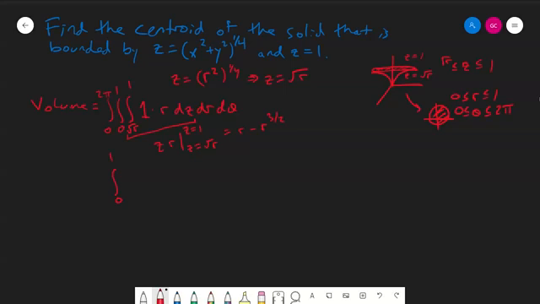Then the integral from 0 to 1 of all of that, dr, gets you 1/2 of r squared, and then 2/5 of r to the 5/2 from 0 to 1. So that ends up giving you 1/2 minus 2/5, and that's equal to 1/10.